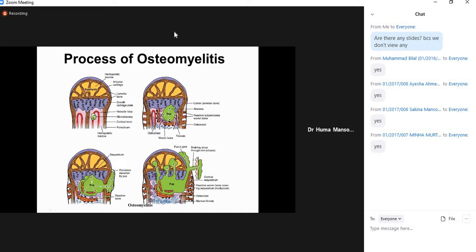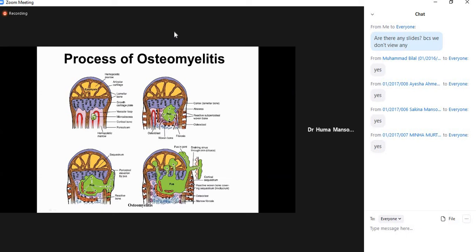And what is this pus? This pus is basically a collection of necrotic debris and inflammatory cells.